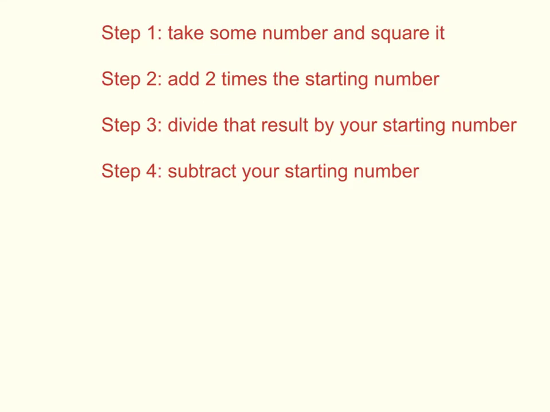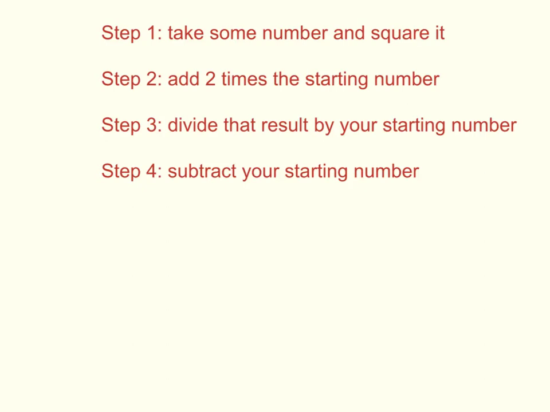Now it says divide that result by your starting number. So to divide, I can write that all as a fraction. I'm going to say divide that by my starting number. My starting number was x, because remember my starting number was x and I squared it. Finally, I'm going to subtract my starting number. So that would look like this.